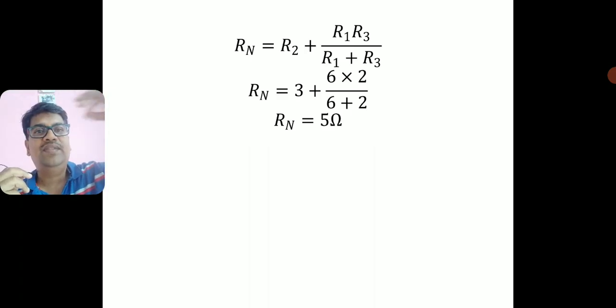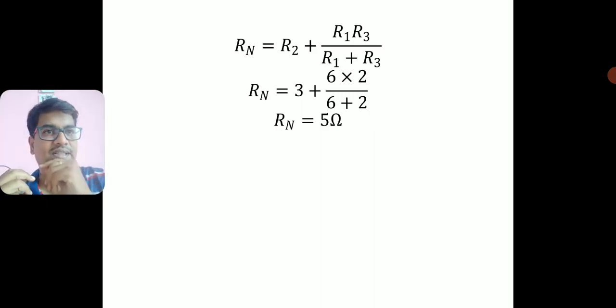In the straight line, the first one is R1, the next one is R2 and the middle one is R3. Three resistors in a T shape. Let us substitute it: 3 plus 6 into 2 divided by 6 plus 2, because R1 and R3 are in parallel, and R2 is in series. This is the Norton's resistance which I am calculating.